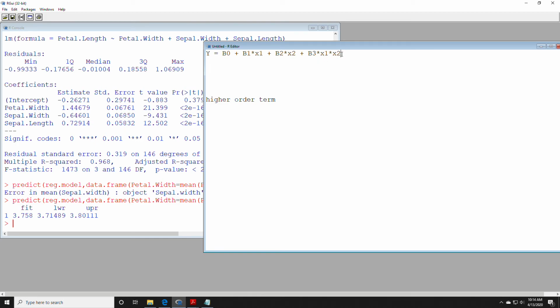So what this indicates, if this is needed, is that x1 is related to y, and also x2 is related to y. But not only are each of these individually related to y, but somehow their combination, the specific combination that they have, is actually important in affecting y.